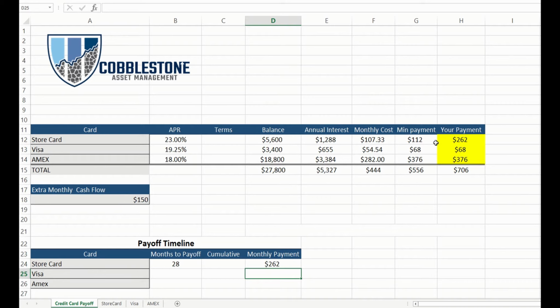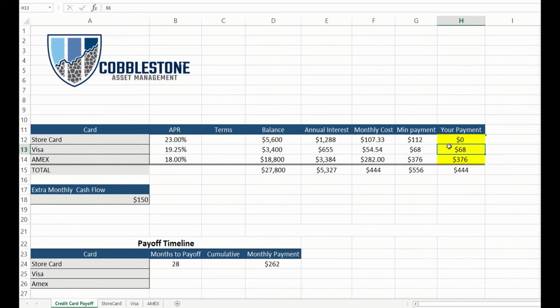Now what we can do is we're still going to be paying out the same amount because it's the extra monthly cash flow plus our monthly payments that got us to our total payment of $706 on all three cards. But the key is now this one is a zero because the balance is gone.